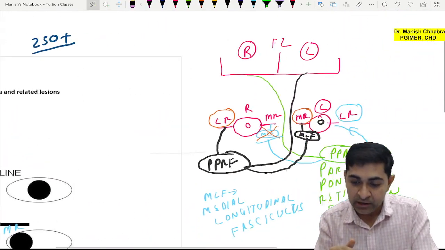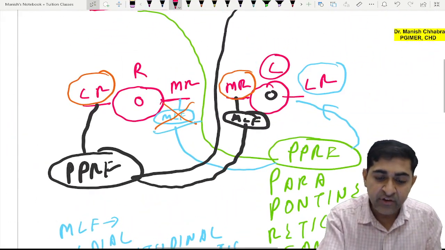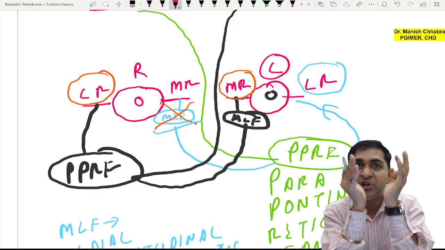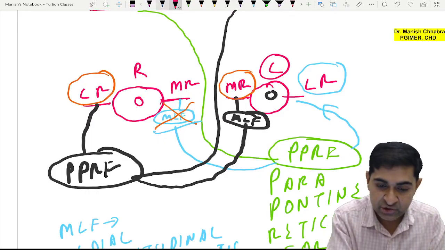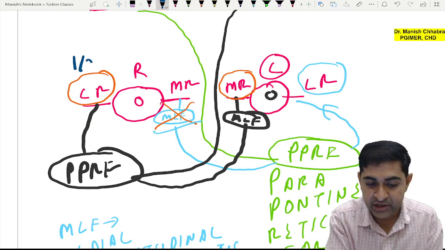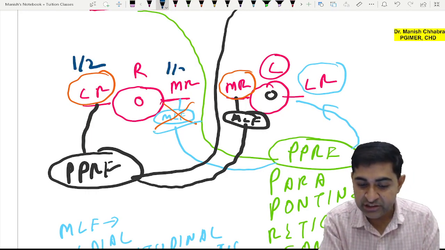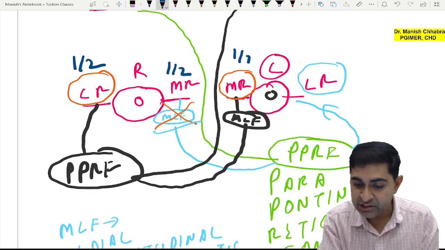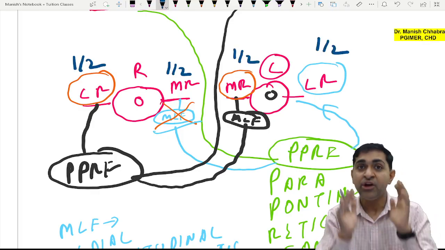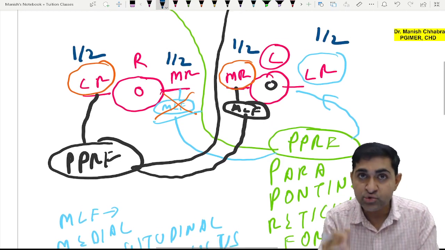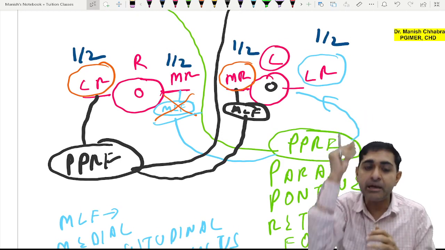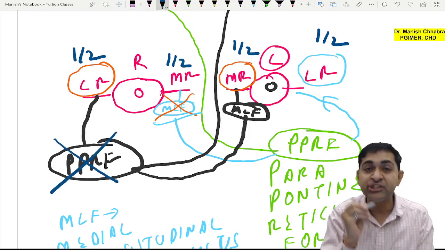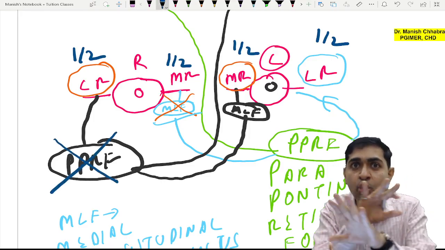Okay, all right, now I want to take it a little higher. What I do is I will give half score to each horizontal rectus muscle. So the lateral rectus receives half, the medial rectus receives half, this receives half, this receives half. Now what if there is damage to the ipsilateral medial longitudinal fasciculus and ipsilateral parapontine reticular formation? Which muscles will go off?